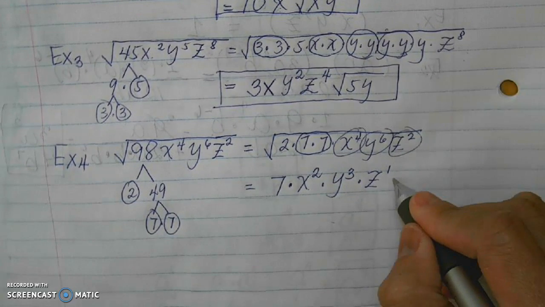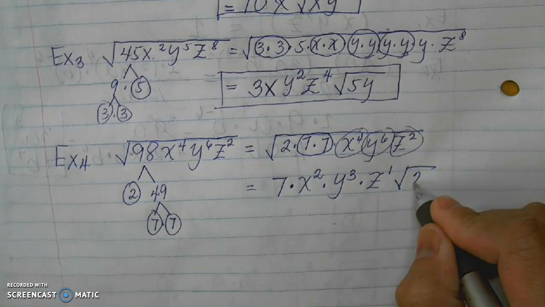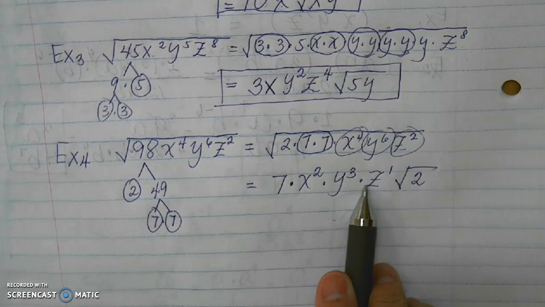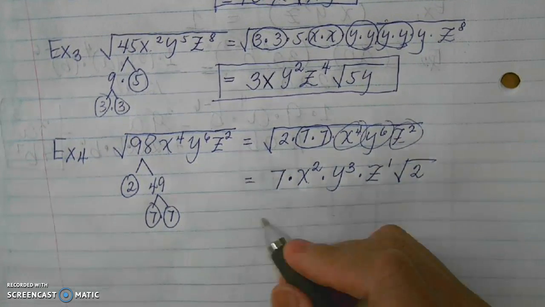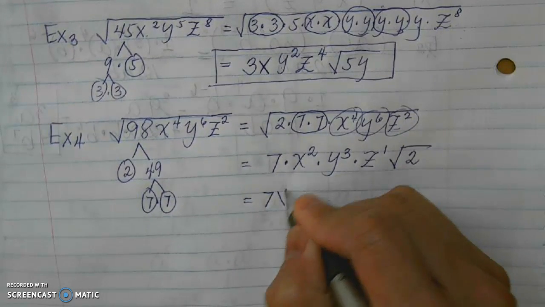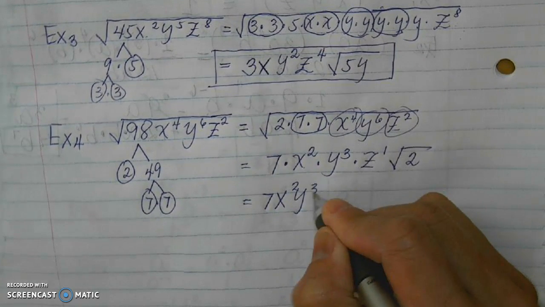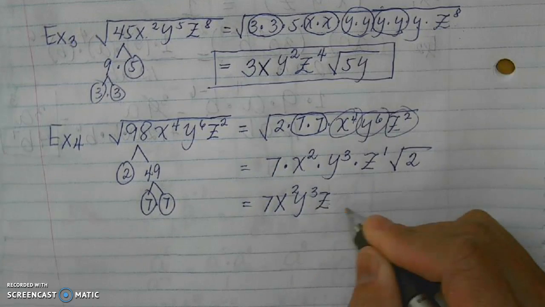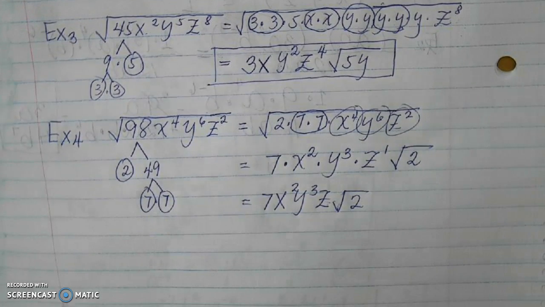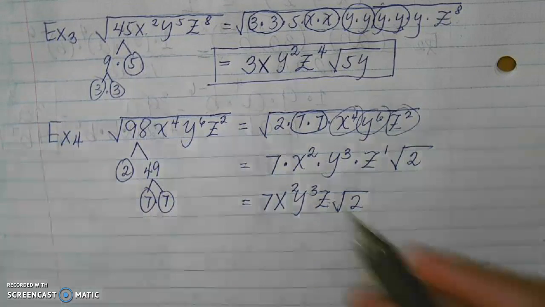What's left inside is a 2. So let us remove those multiplication symbols. Therefore, your final answer is going to become 7x squared y to the 3rd z square root of 2. Sorry about that. Okay, square root of 2.